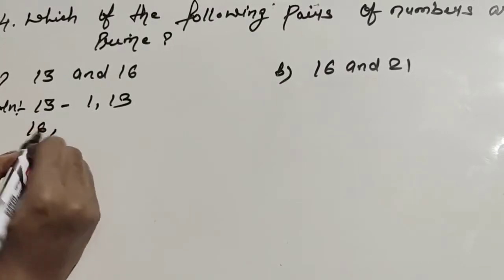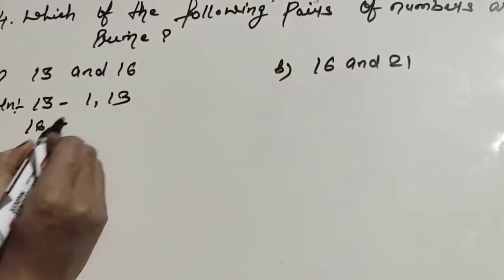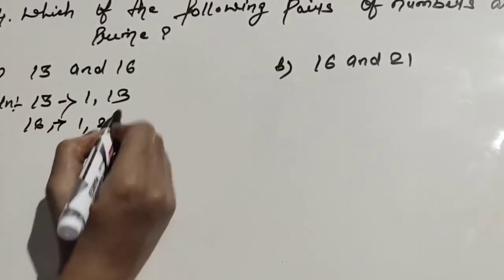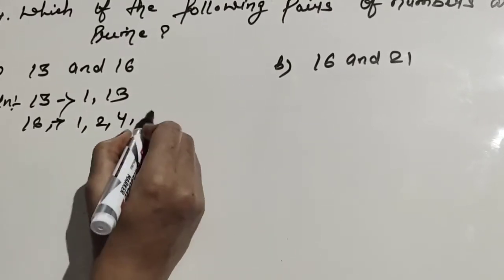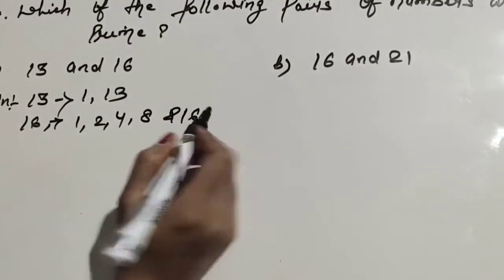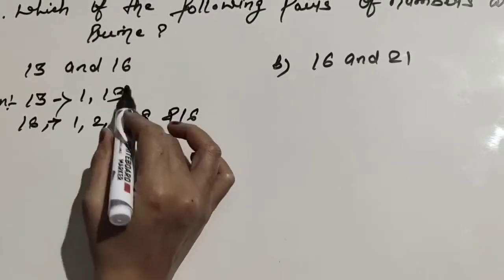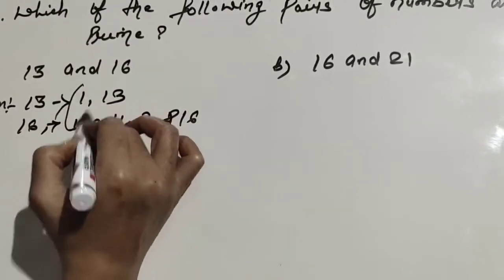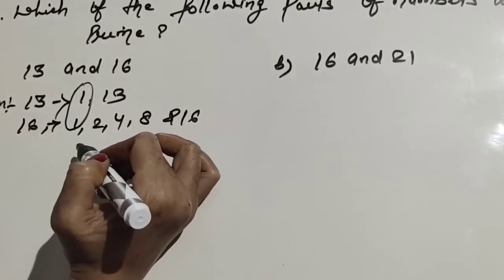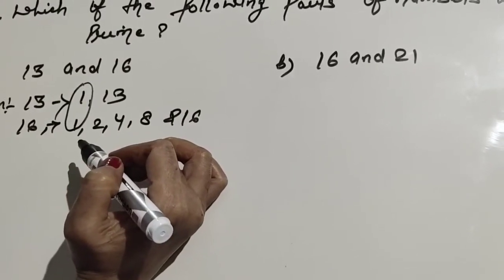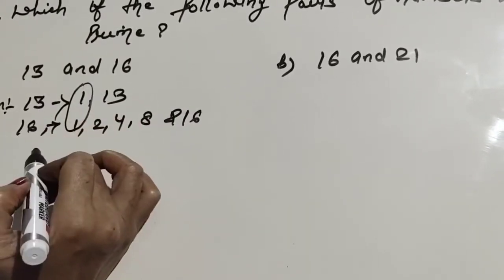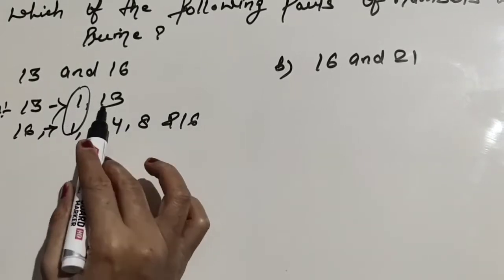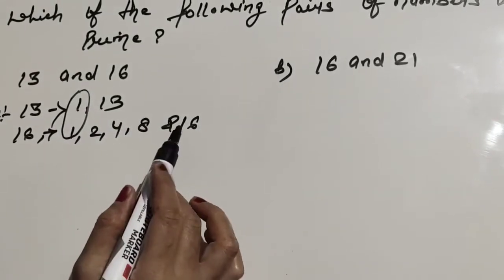Same for 60: 1, 2, 4, 8 and so on. Now can we find any similar number except 1? So 1 is the only common factor of 13 and 16. Therefore 13 and 16 are co-prime.